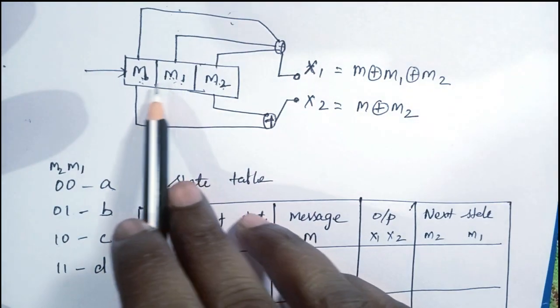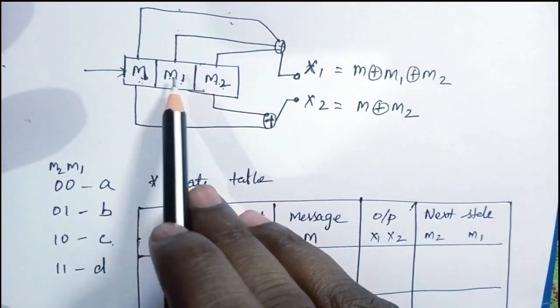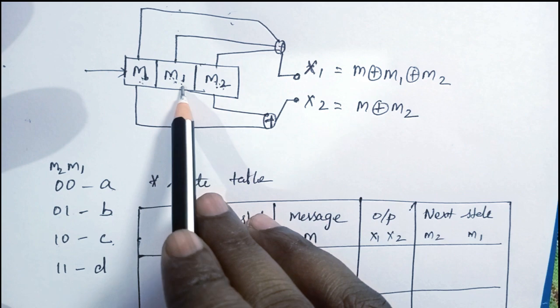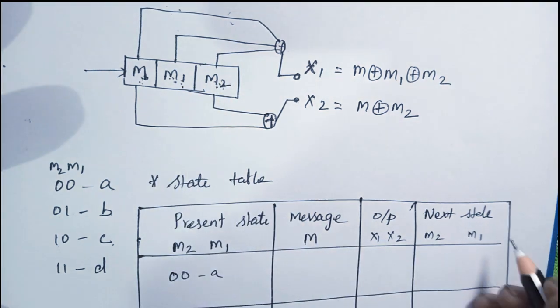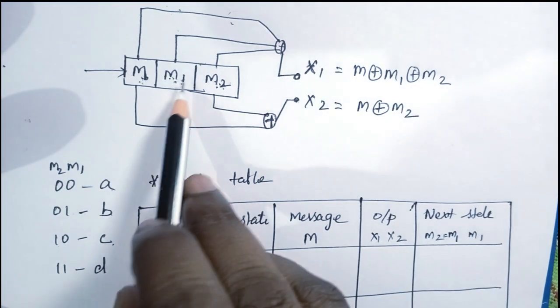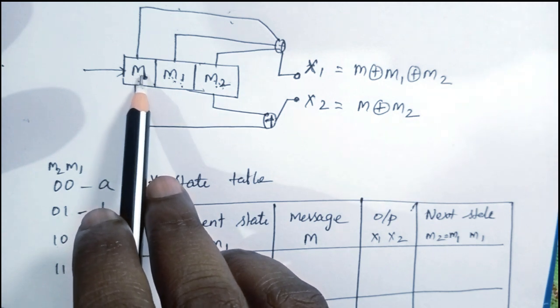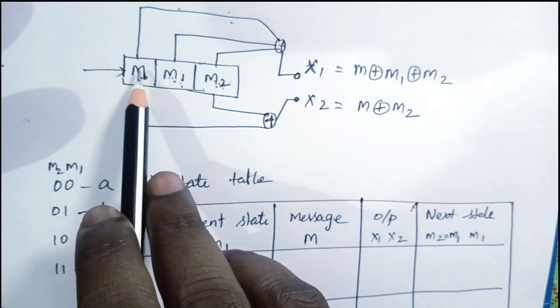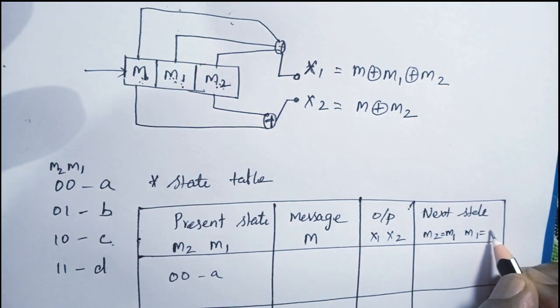The next state M2 is nothing but M1, and the next state M1 is nothing but M.